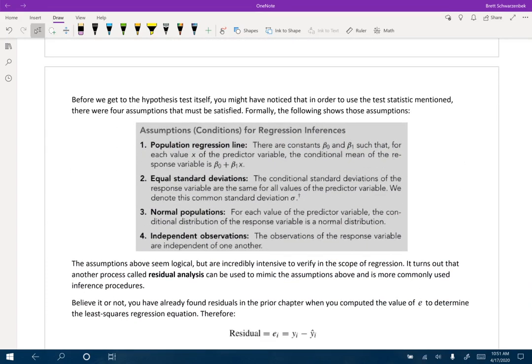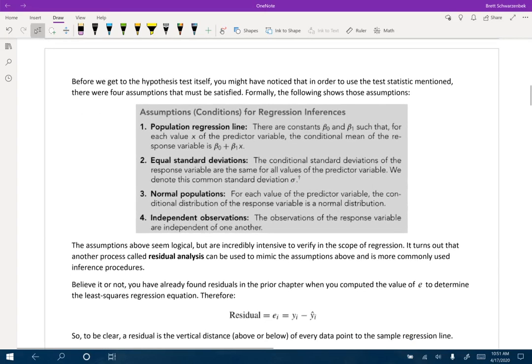Okay, so next up, conditions. So we're going to tackle the conditions before we even get to the test because this is a little bit more involved. So these are actually the conditions or assumptions for regression inferences. But what you will find is in practice, it is extremely intensive to actually check these individually.